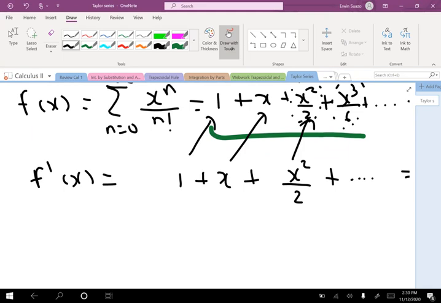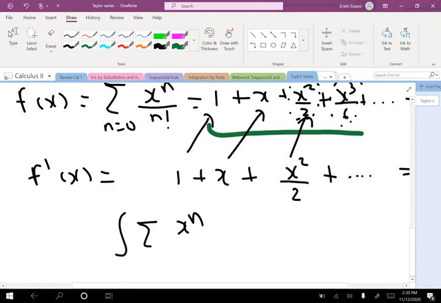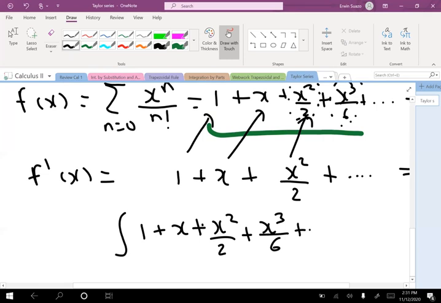Since it's the exponential function, let me put it like 1 plus x plus x squared divided by 2 plus x cubed divided by 6 and so on. Okay, so you are finding the integral of this series.